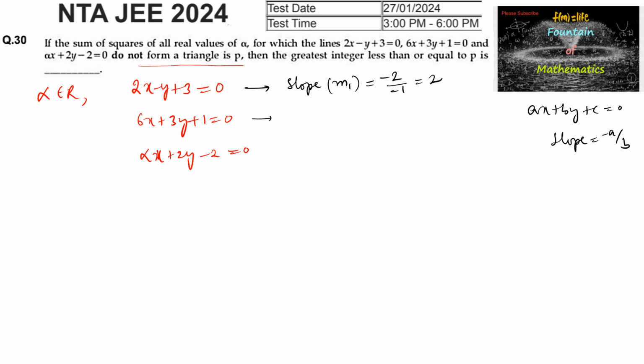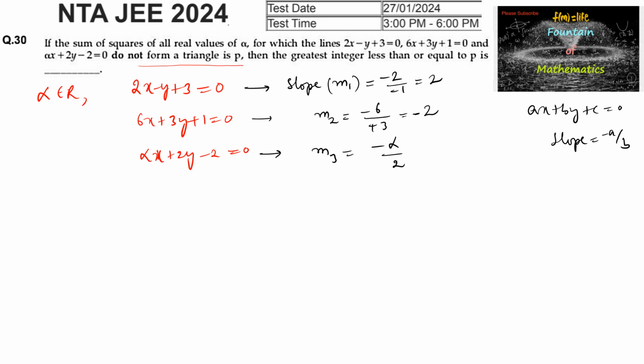And similarly for the second slope, m2 is equal to minus 6 upon plus 3, it is minus 2. And coming to the third slope, m3 is equal to minus alpha upon 2. And here we can say that m1 and m2 are not the same, so we cannot say that they are parallel.